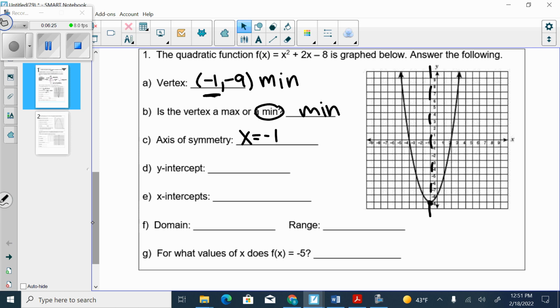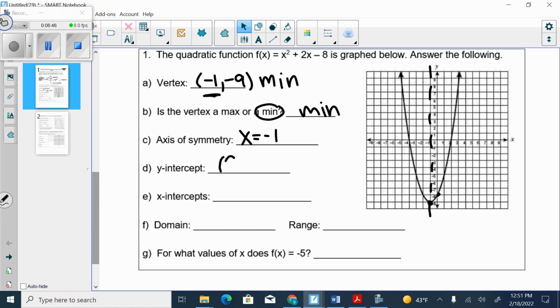All right, then we have our y-intercept. Y-intercept is where it touches the what? Y-axis. It looks like this may be cut off the very bottom of y'all's too, but that would be 1 point above the minimum, which would be at -8, right?